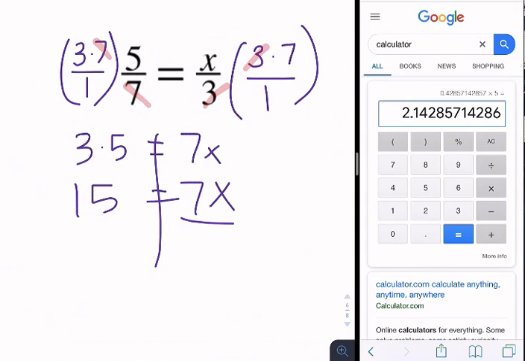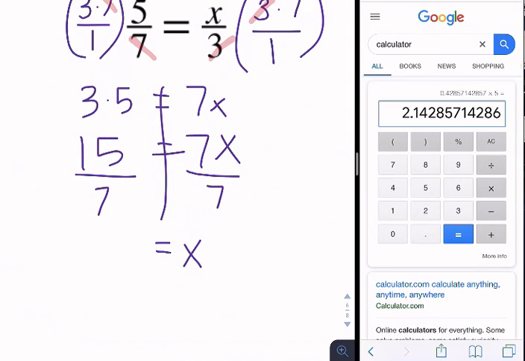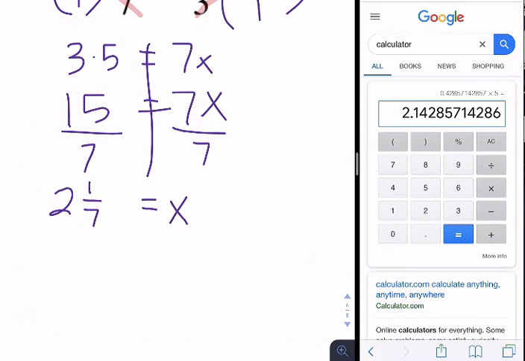To get x alone, I divide both sides by 7. X equals 7 goes into 15 2 times with 1. That'd be 14, so 1/7 would be left over. 1/7 is that weird 0.1428, blah, blah, blah.